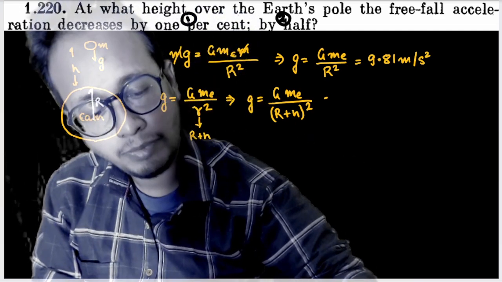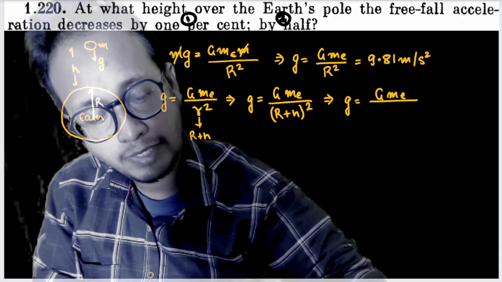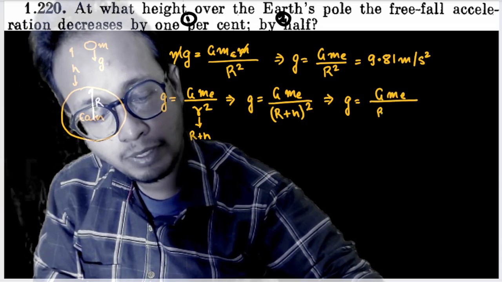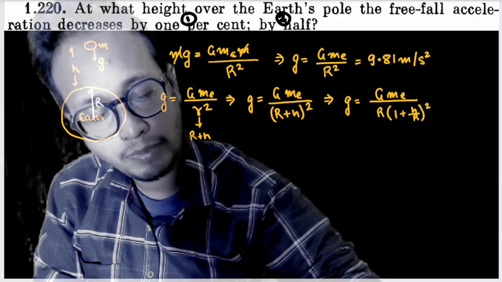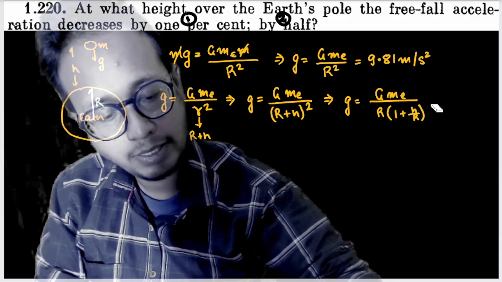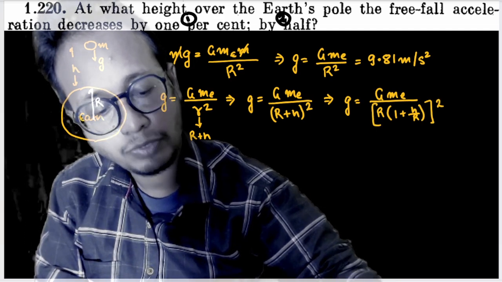Let me do something more. g is equal to G mass of Earth divided by, let's take R common, R into 1 plus h by R, whole square.